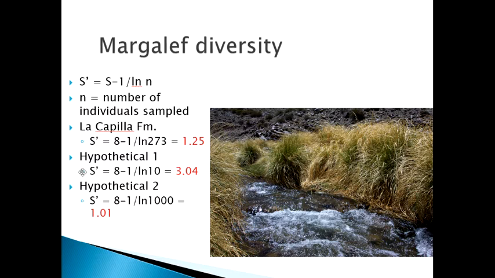If we look at the two hypothetical examples that I gave, S prime is 8 minus 1 divided by the natural log of just 10, those 10 things, we get a number of 3.04. And then finally, if we look at that third example where we camped overnight and really collected a lot, S prime is 8 minus 1 divided by the natural log of 1,000, and we get a number of 1.01.